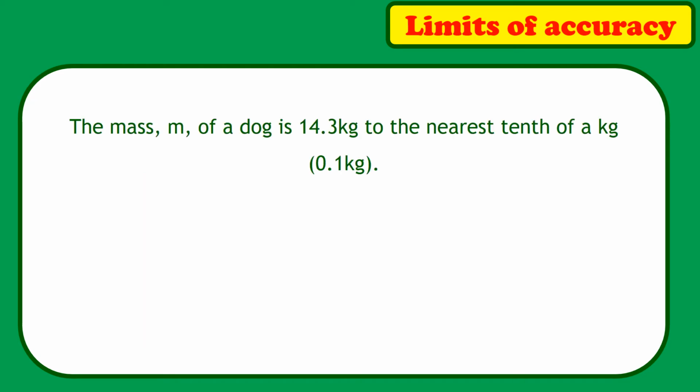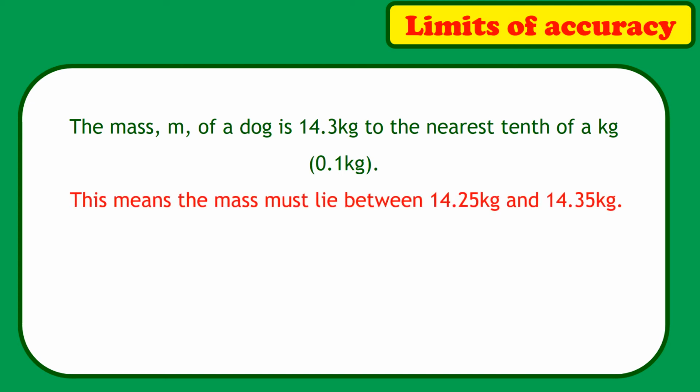So a slightly more complicated example. The mass M of a dog is 14.3 kilograms to the nearest tenth of a kilogram, which we can write as 0.1 kilograms. So this time, as it's to the nearest 0.1 kilograms, we're going to halve that 0.1 kilograms to give us 0.05 kilograms, and we're going to add that on to 14.3 to give us 14.35 kilograms, and we're going to subtract it from 14.3 to give us 14.25 kilograms.